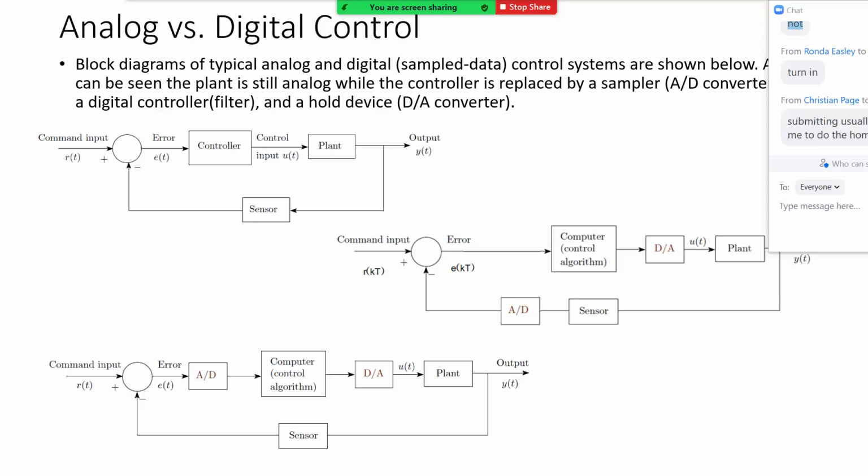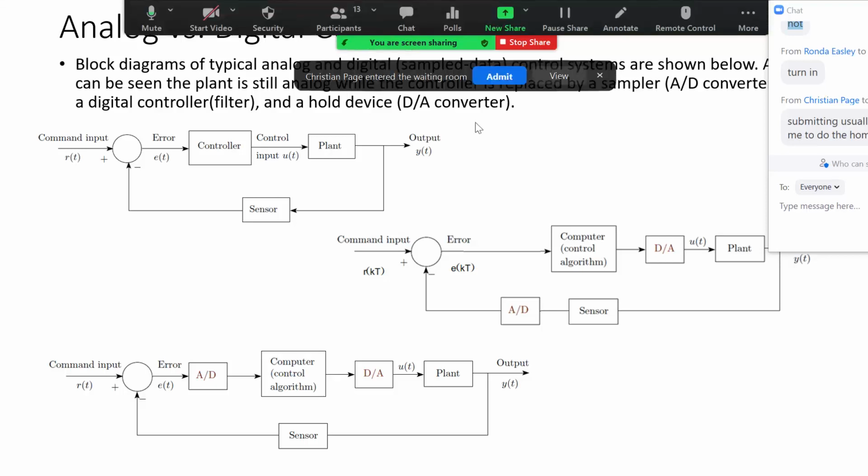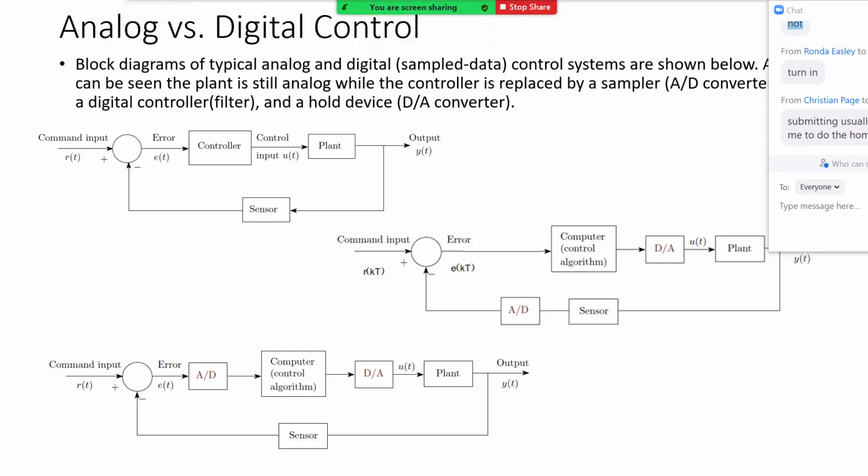We have a command input of how high I want my elevator to be, or how high my temperature has to be, or how fast my car needs to go. Then I have a plant, which is the system that I'm trying to control. I have sensors that take measurements of the output and feed it back. And I have my controller.